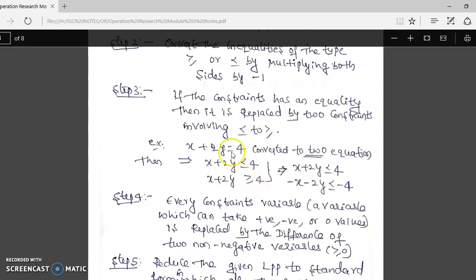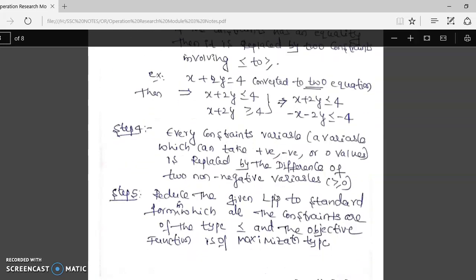So equal will be converted into one less than and one greater than. Then the less than we keep as it is, because for the dual conversion we require less than only. But the greater than we convert into less than as per the second step. Then after converting this equation into less than or equal, go for the next step.